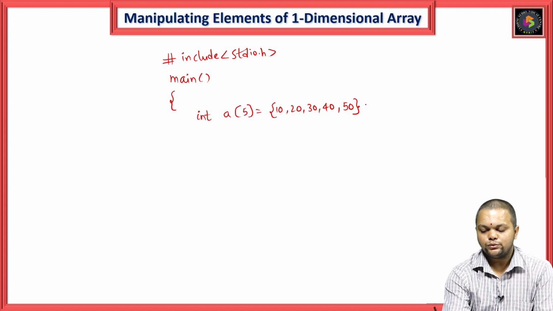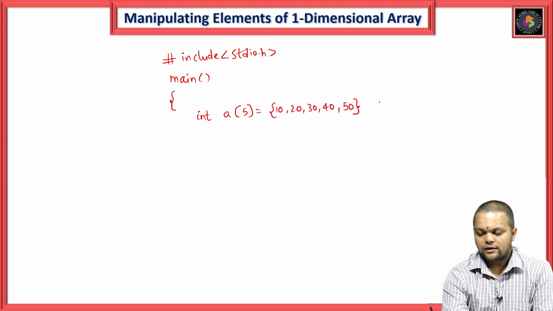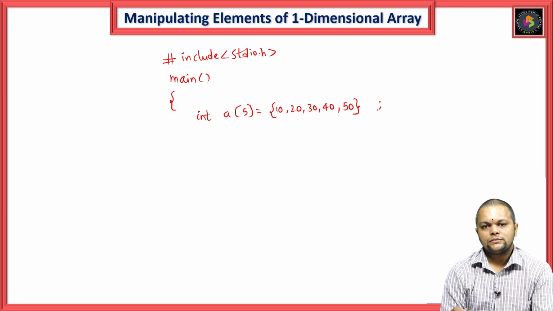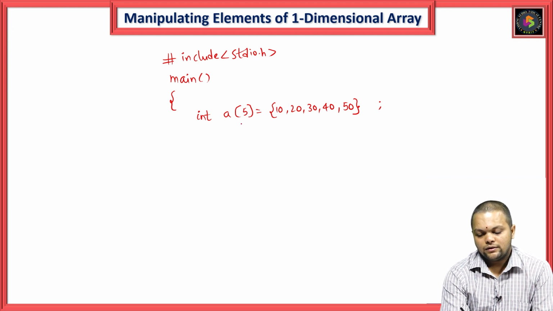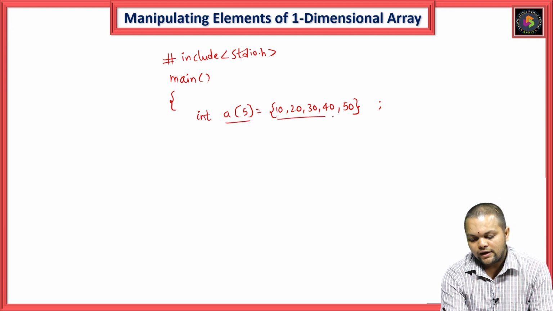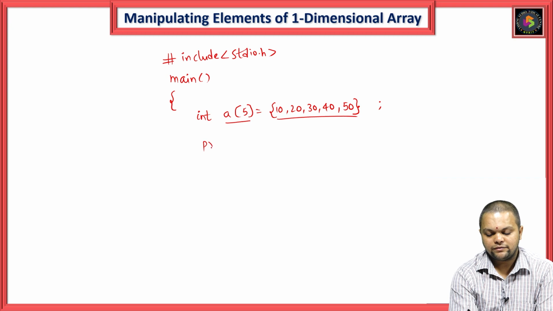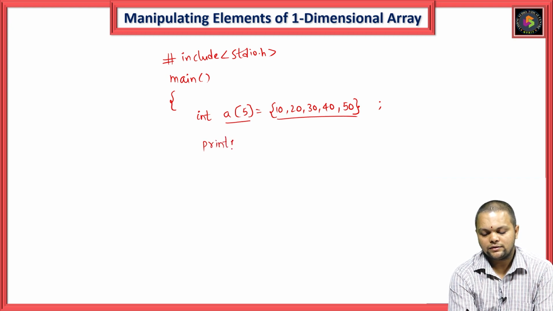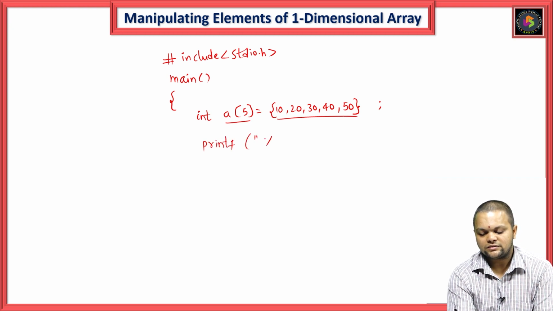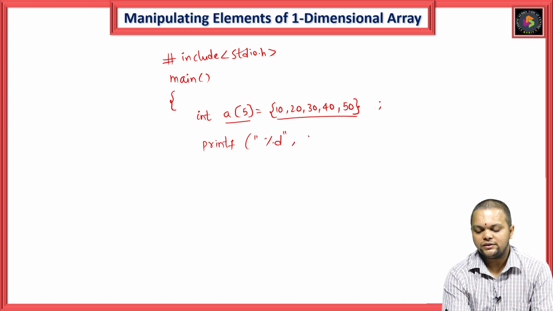Now what I need to do, and I'll give a semicolon here, I need to have all the values of a[5] printed. How can I print all the values? See, if I'm printing like this, printf with %d, as this is an integer, I'm using %d.